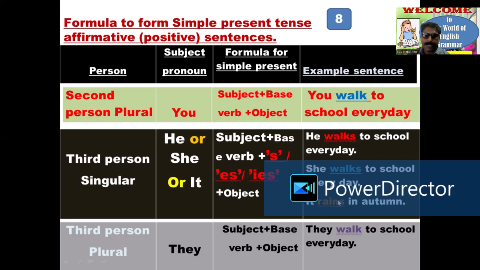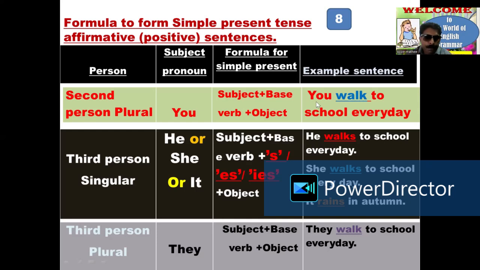We added an s, then it became it rains in autumn. We all understood that there is a change in the rule. When the subject is third person singular, he or she or it, we add subject plus base verb plus an s or es or ies with the base form of the verb.